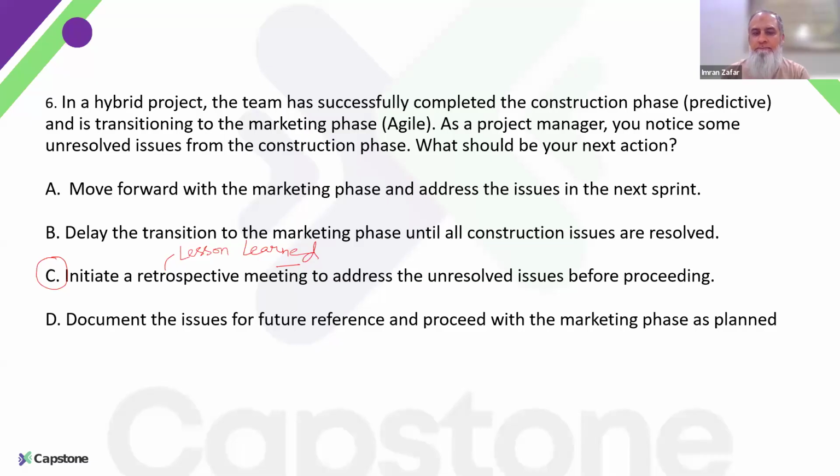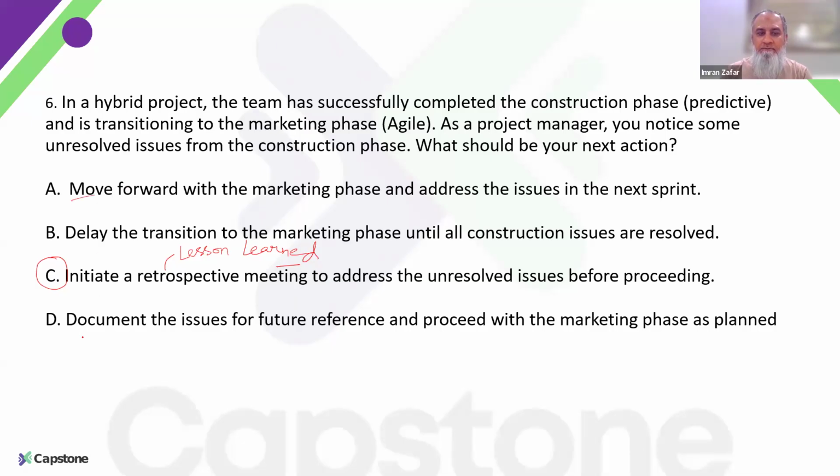But the point to remember is, whenever you face an issue or a problem, the first action after documentation is to analyze it and find the root cause, before jumping to any actions.